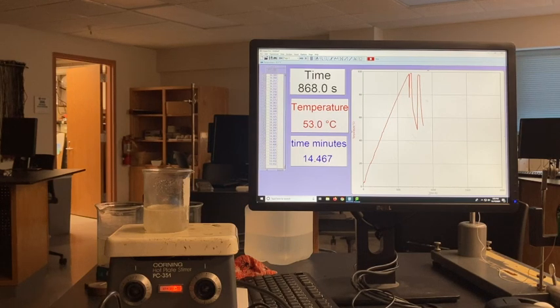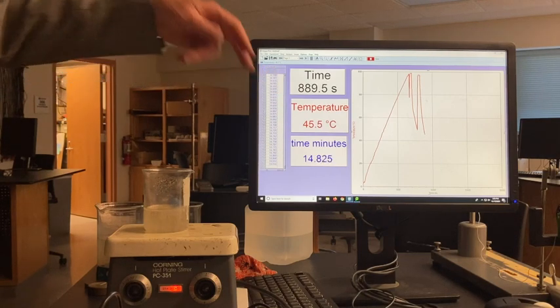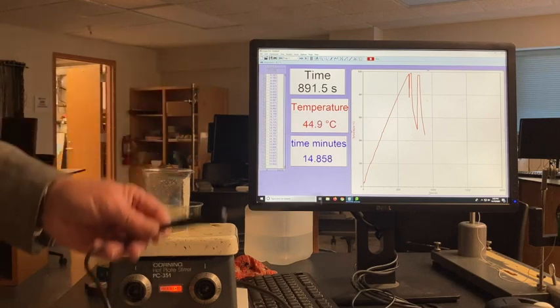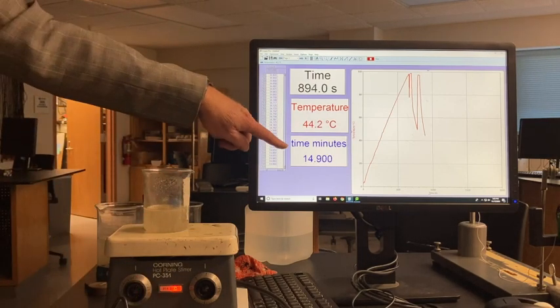So what we're going to do is try and put in the same amount of energy it took to boil it and go from there. Again, we're not worrying about the temperature because the probe is sitting outside now. We're only worried about the time.